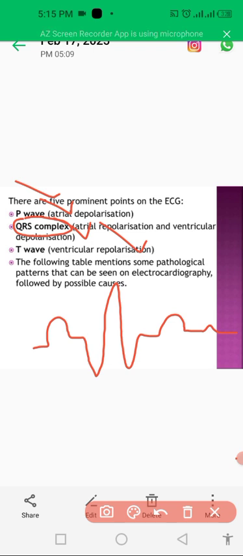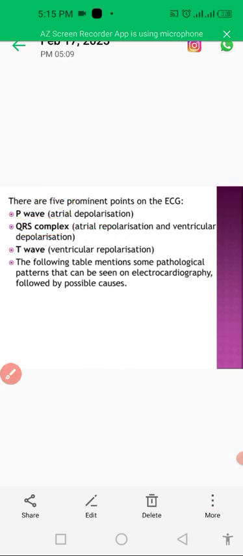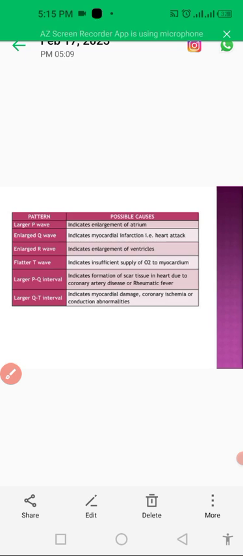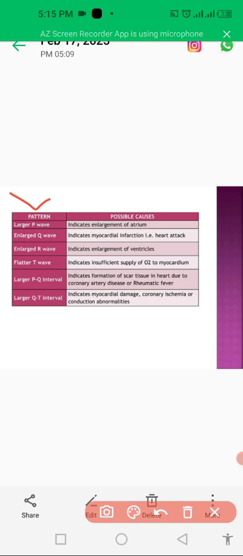In pathological conditions we are confronted with an abnormal ECG as well. Now here in another slide we can see that there are different patterns on ECG. Like if the P wave is larger, that means the atria are enlarged and it is taking more time in contracting, that's why they are enlarged.